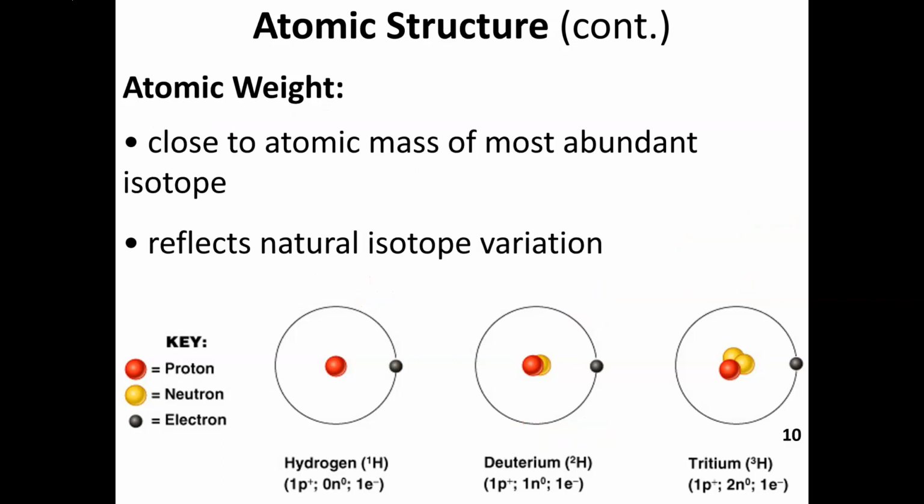The atomic weight then is going to be very close to the most abundant form of the atom. For hydrogen, this is the most common type of hydrogen atom. This is going to be the least common. Deuterium is in the middle, okay?